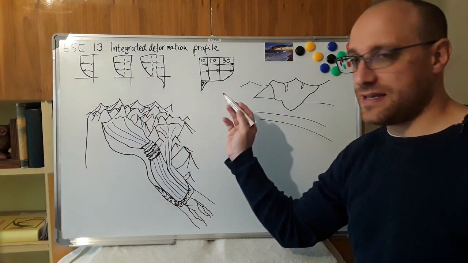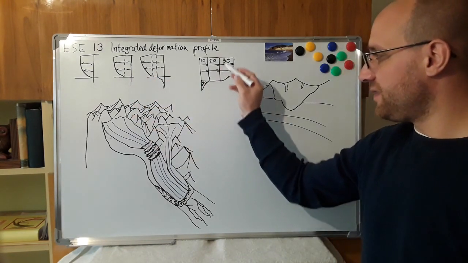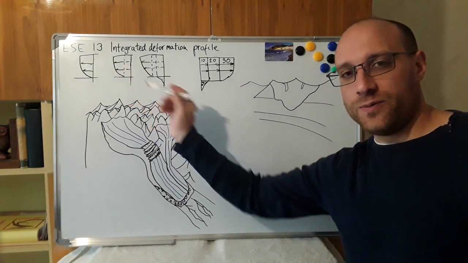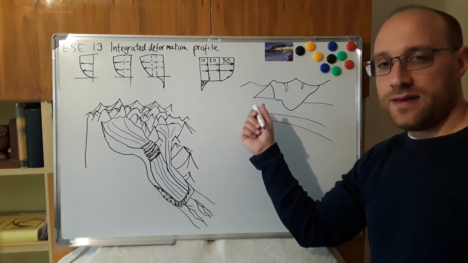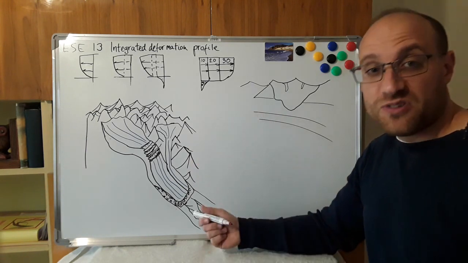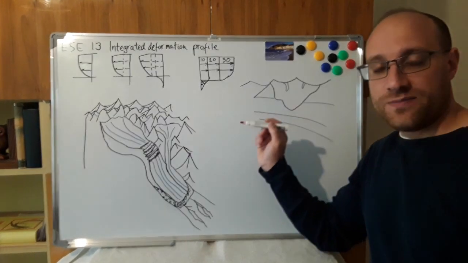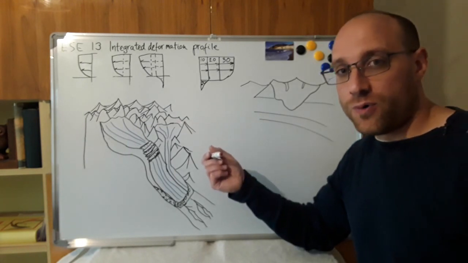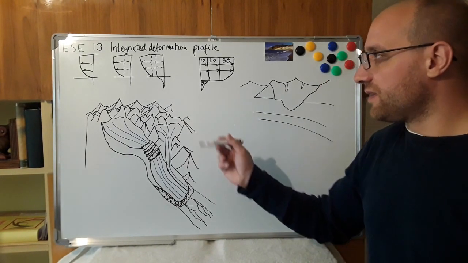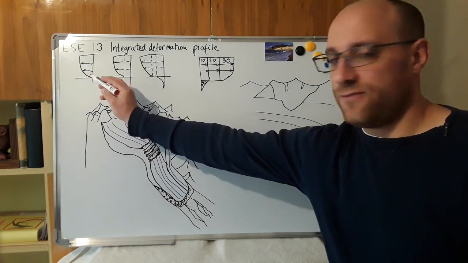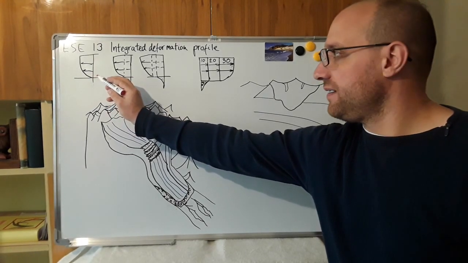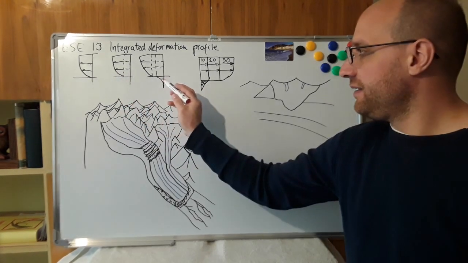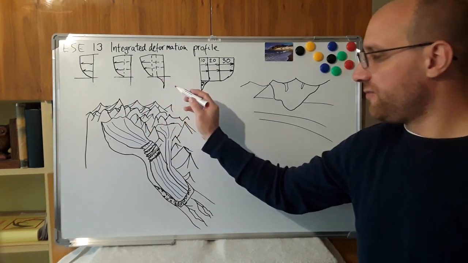Some of you were asking why I cross some of these out, because the integrated deformation profile will be different in the case of the different types of glaciers or ice masses, and in this case it's mainly about the presence of water and the bedrock itself. So there will be a deformation in the first place of the ice, there will be a basal sliding, and there will be a bed deformation as well.